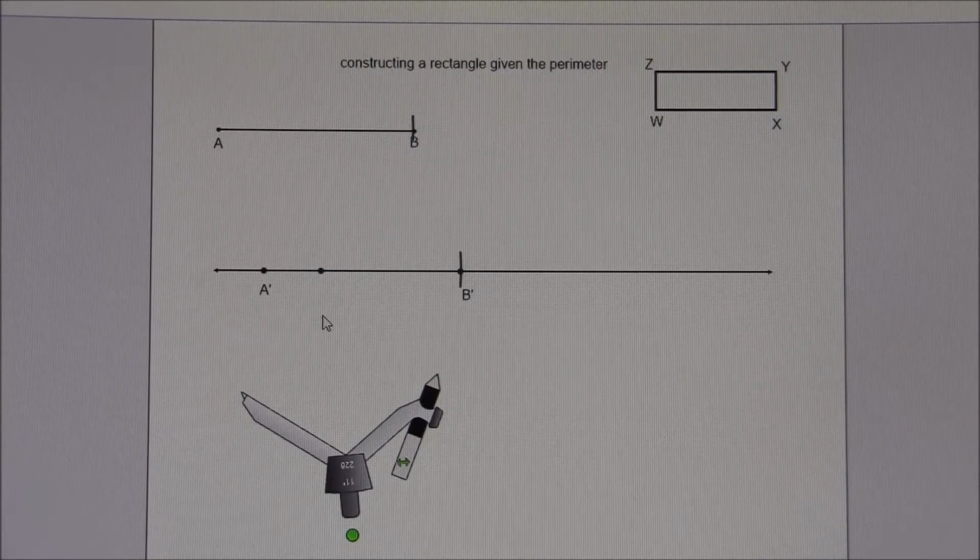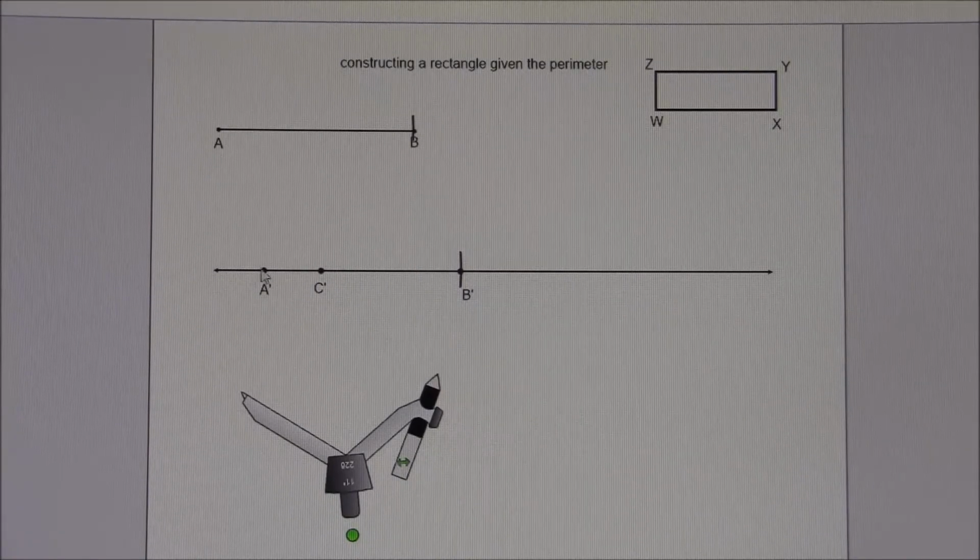Let's call that C prime. Now understand that this right here, A prime C prime, this distance represents XY and ZW. So that means I need to bisect this guy, so I can get this side and this side to be that same length.